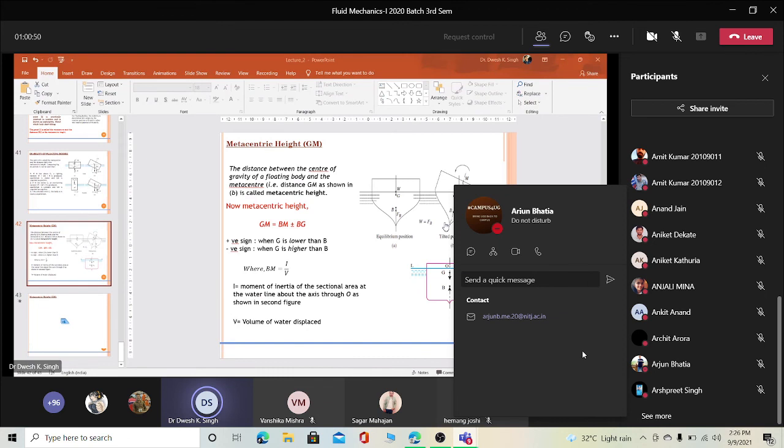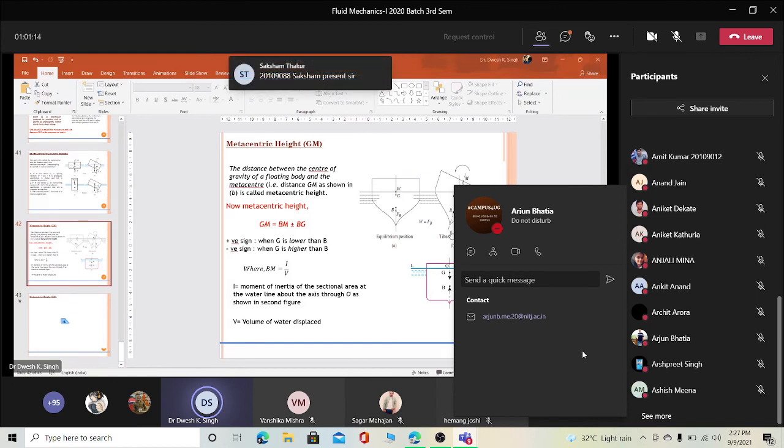Anjali Meena is present, Ankit Anand is present, Archit is present, Arjun Bhatia is present, Arshpreet is present. Atul Kumar is present. Ayush is present. Ayushi is present.